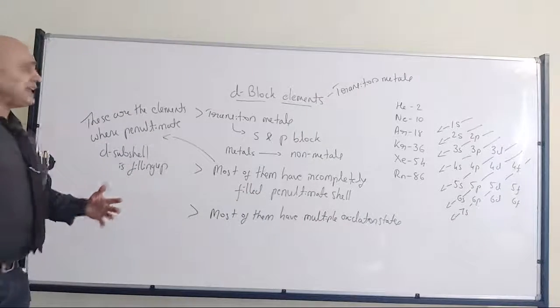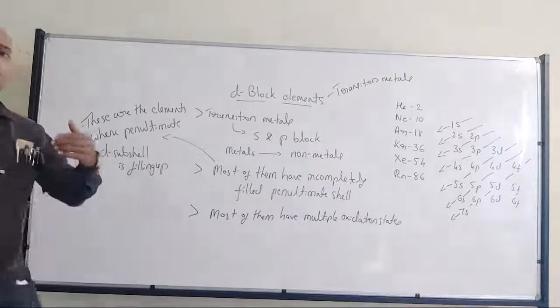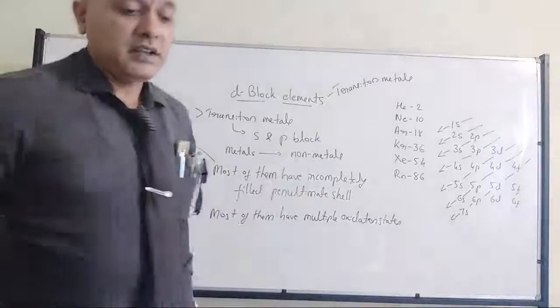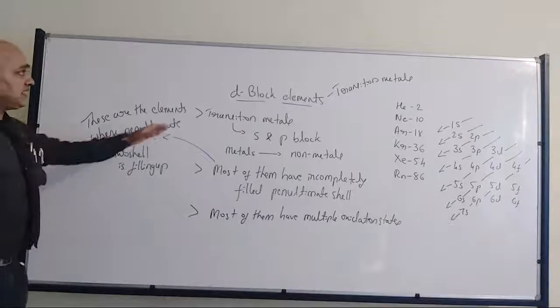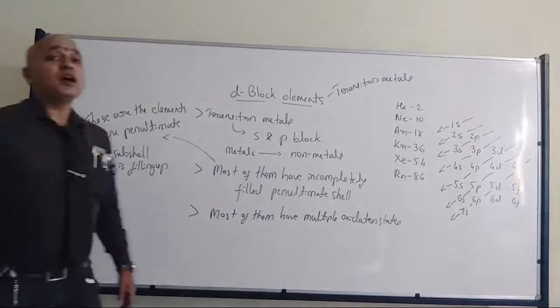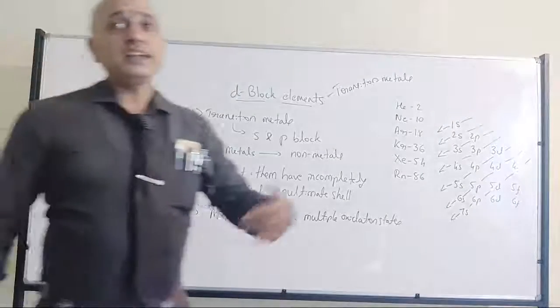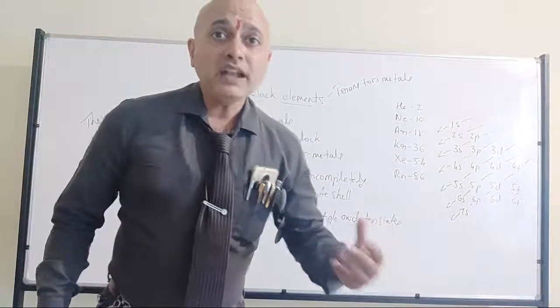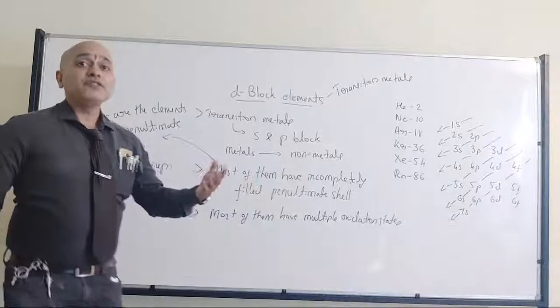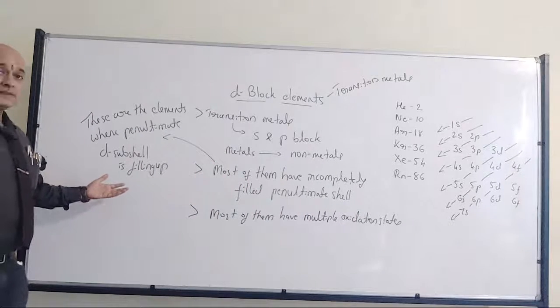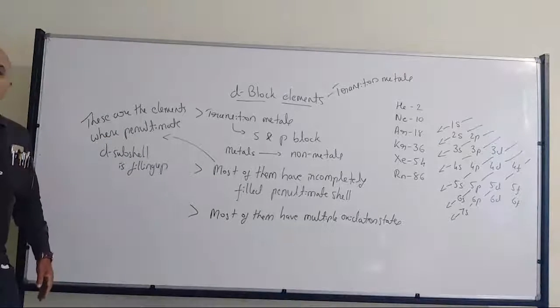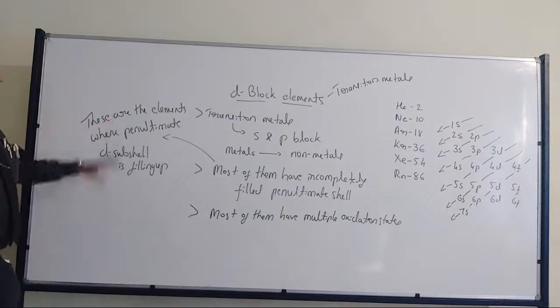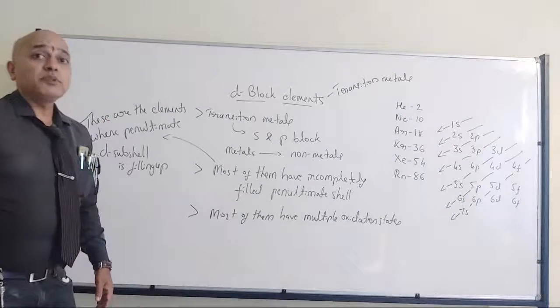Or simply you can write d subshell; it is not even required to write penultimate, but if you write penultimate, it will be very specific. So d block elements are those where the penultimate d subshell is getting filled up by the electrons. All of you have understood?